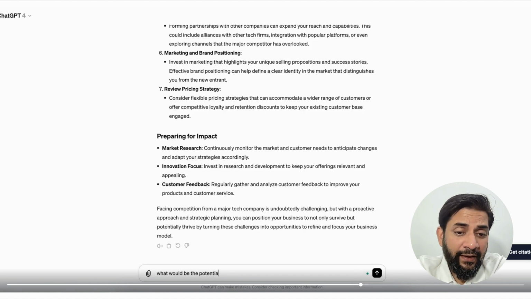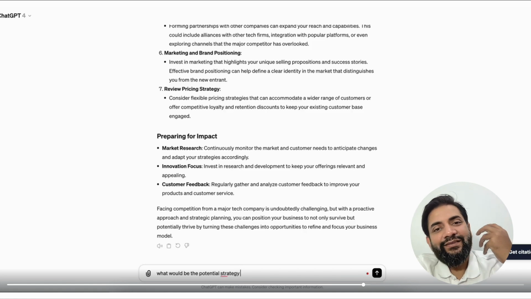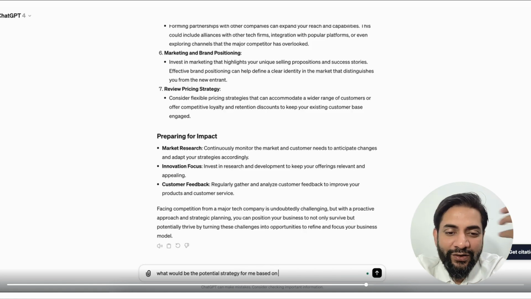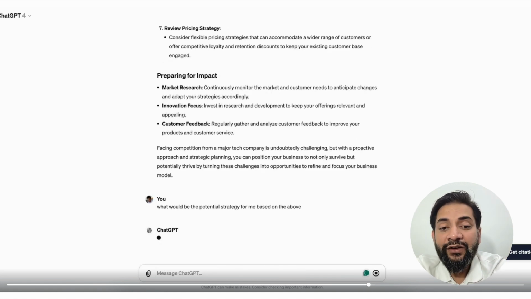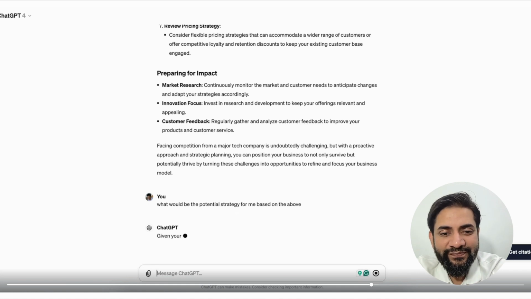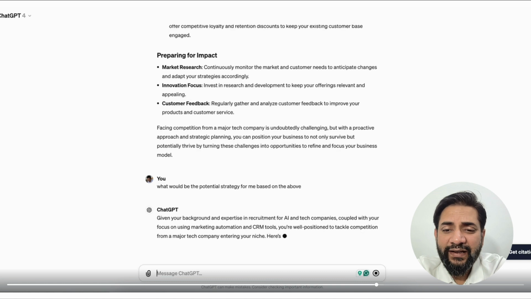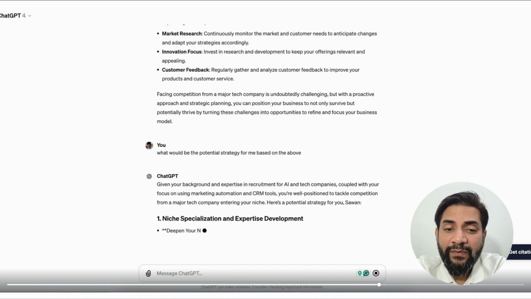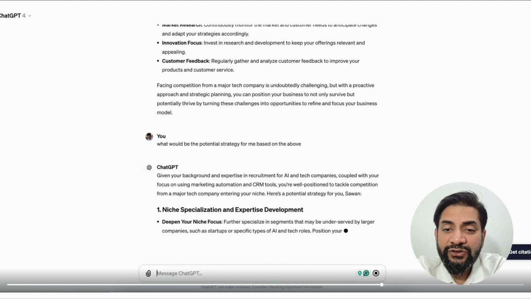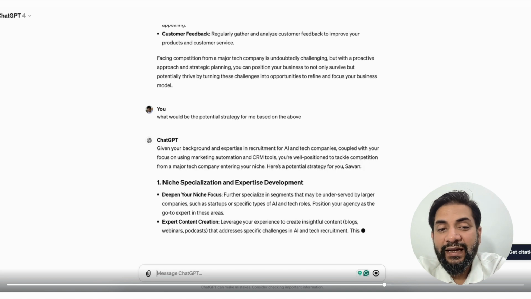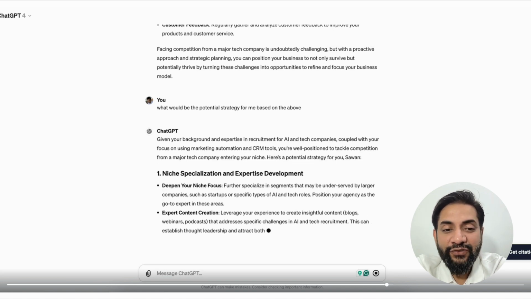Now, what would be the potential strategy? Again, we are asking to get more clarity on what are the possible potential strategies for me based on the above. So given your background and expertise in recruitment for AI and tech companies, coupled with the focus on using marketing automation and CRM tools, you are well positioned to tackle competition from a major tech company entering your niche. Here is a potential strategy for you.